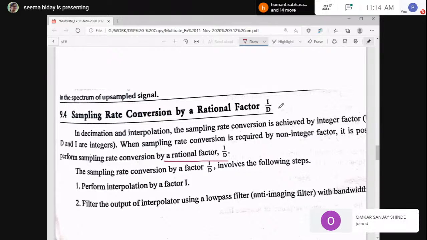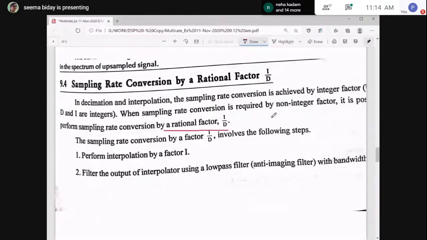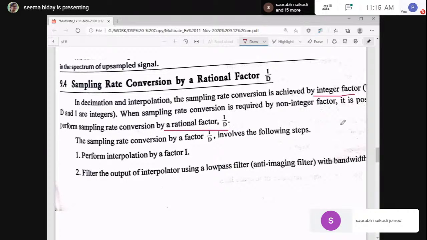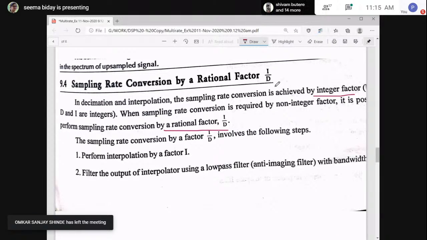And we have seen that by using an interpolator or a decimator, we should have an integer number only. Interpolation by I equal to 2, 3, 4 means 3 zeros you will be inserting, or I can be 5, or D also can be 2, 3, 4, 5 and so on. But in both cases, I and D should be an integer factor.